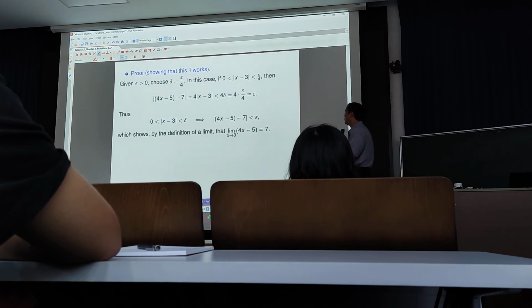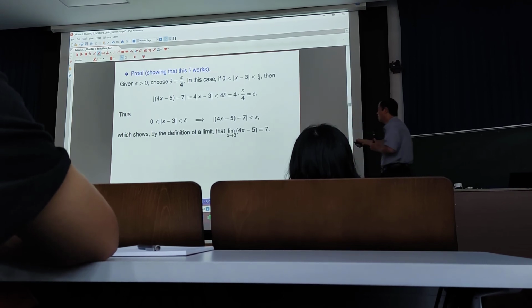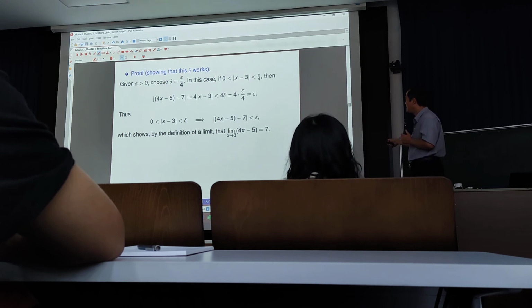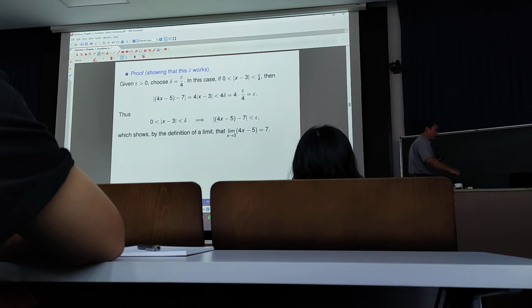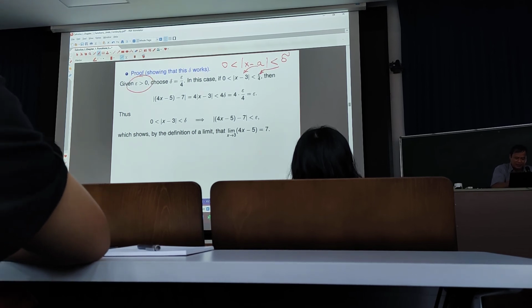Given epsilon positive, first player, you are the second player, you say, okay, I choose delta is epsilon over 4. Then, if I satisfy that condition, in general, we understand that it is 0 less than the modulus of x minus a less than delta, right? Your a is 3. Now delta for epsilon already given is epsilon over 4.